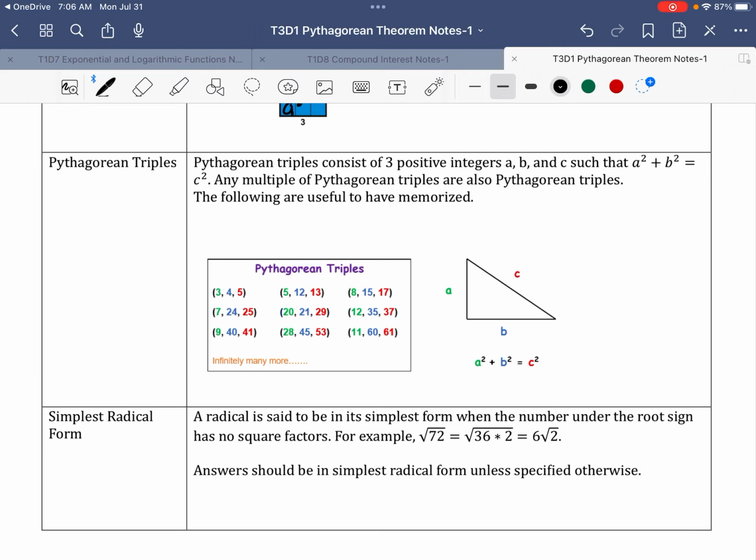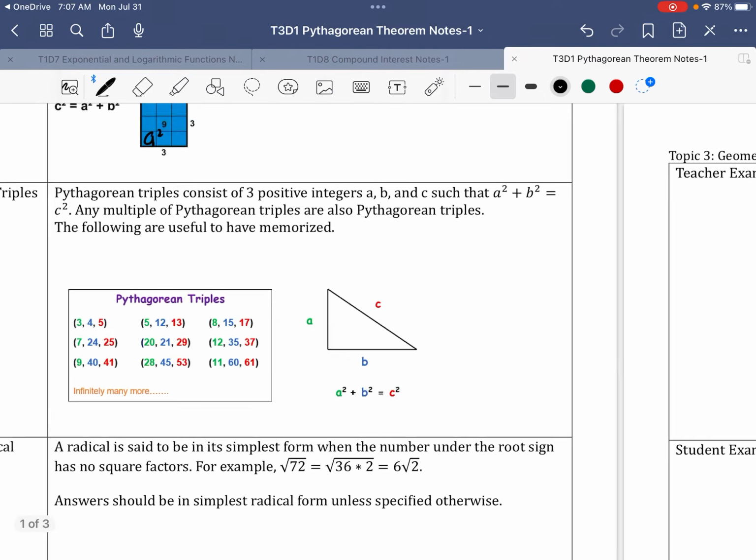And 36 is a square number, a perfect square, right? 6 times 6. So we can take the square root of 36 and we get 6. And the square root of 2 remains because 2 does not have a perfect square factor. Answers should be in simplest radical form unless it is specified otherwise, okay? And in the example that we're going to go over, I'll show you how we can get it into simplest radical form.